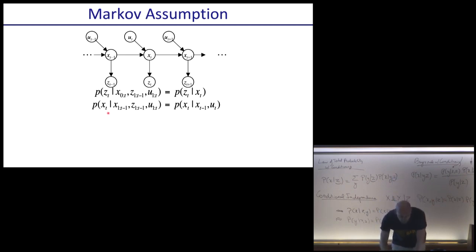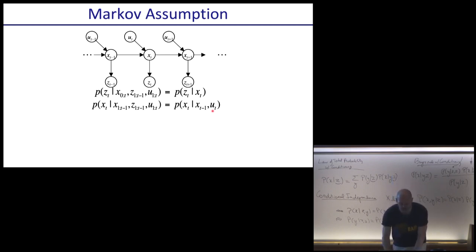Then same thing for dynamics. The next state could in principle depend on everything that came before, but the assumption we make is that it only depends on the previous state and the action taken. Again, the Probabilistic Robotics book uses a different kind of indexing than I'm personally used to, but since that's probably the best book to read on this, if you want to read more, I'm sticking with their notation.